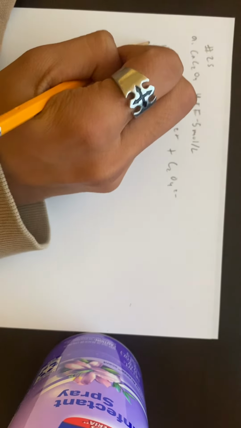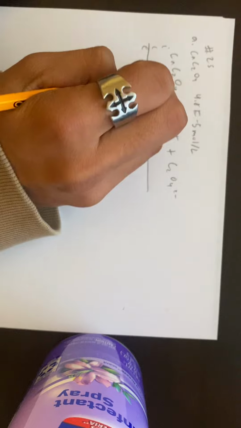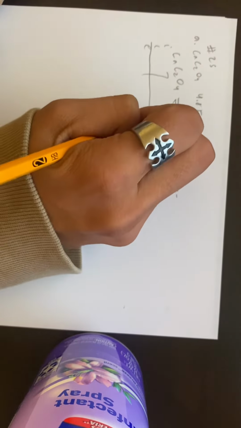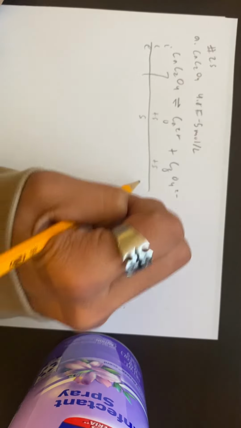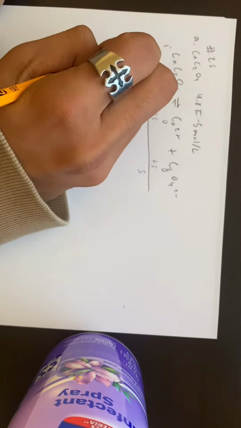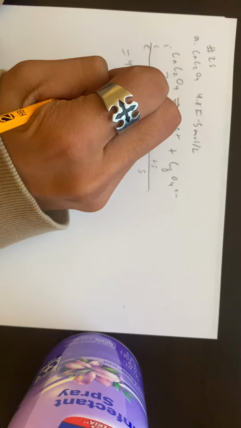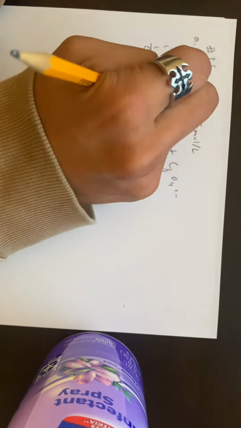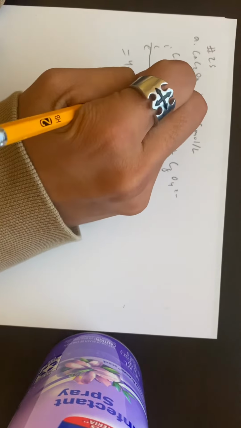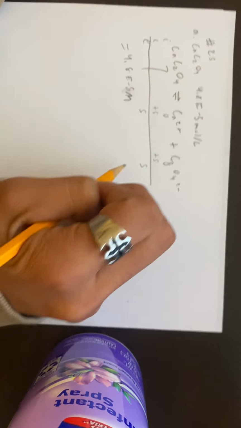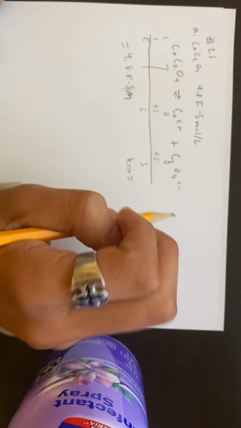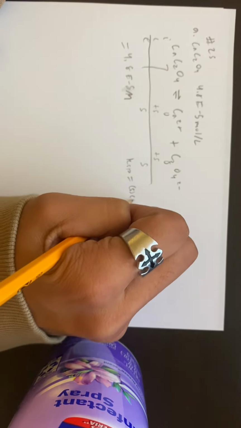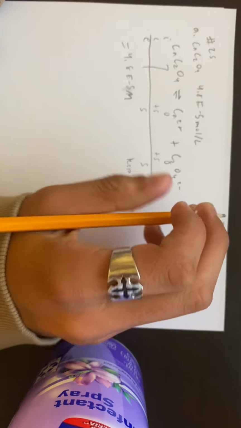Using the ICE chart, we can see 0, 0, plus S, so we have S here, and since all of this is going to equal 4.8 E-5 molarity, Ksp is equal to S times S, which is equal to S squared.